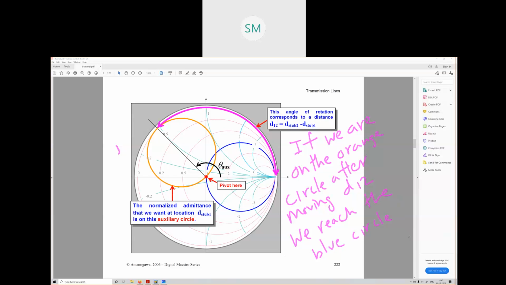If we are on the orange circle, after moving this distance d12 along the line towards the generator or away from the load, we reach the blue circle.